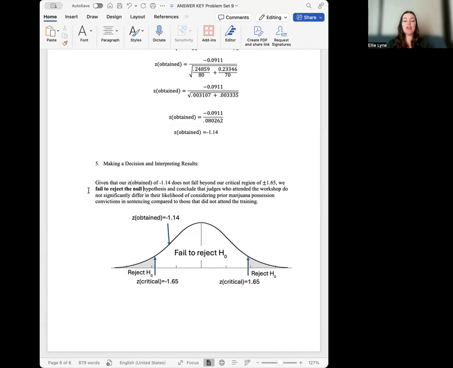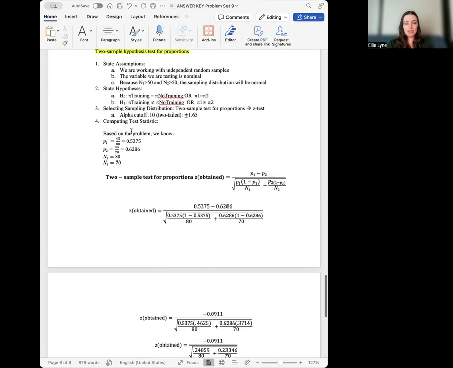And because we failed to reject the null hypothesis, we then conclude that judges who attended the workshop do not significantly differ in their likelihood of considering prior marijuana possession convictions in sentencing compared to those judges that did not attend the training. And so even when we scroll up here, we can see that the proportion values are slightly different between those two groups, right?